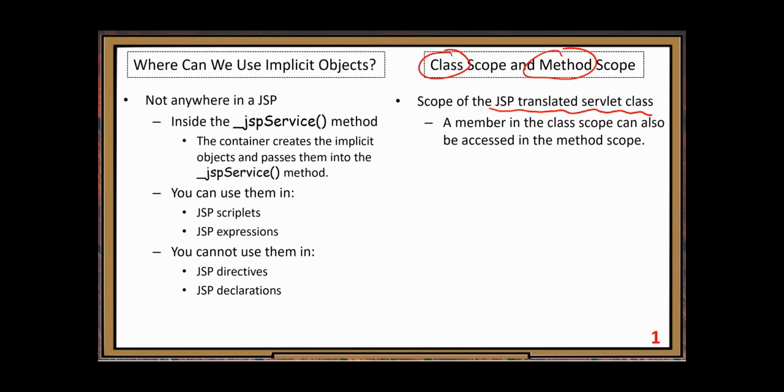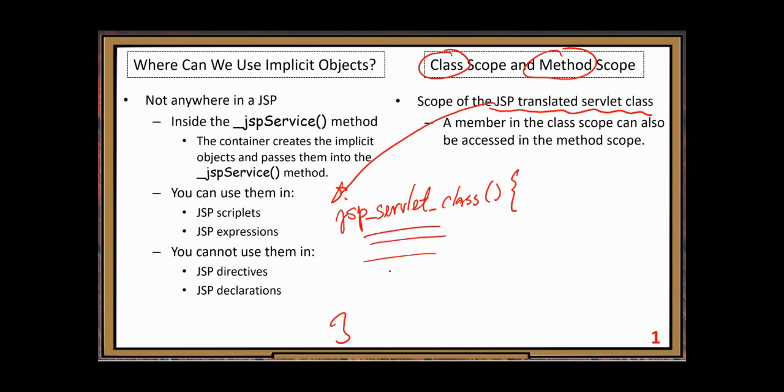After you translate a JSP, you have a servlet class. So let me just write JSP servlet class. This is the translated class, and you have a lot of things inside.